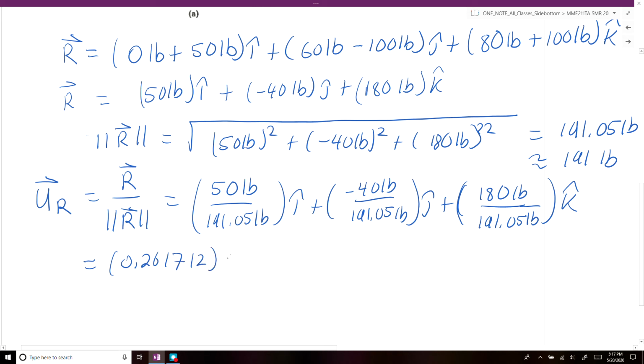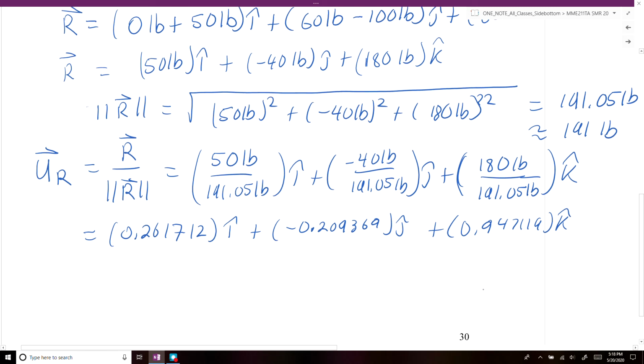Alright, so if we solve all those fractions, what we end up getting is 0.261712 for the x component, minus 0.209369 for the y component, and 0.947119 for the z component. So what we know is that the x, y, and z components can be related to our coordinate direction angles alpha, beta, and gamma through the cosine function.